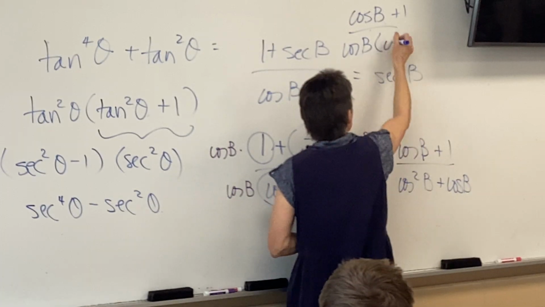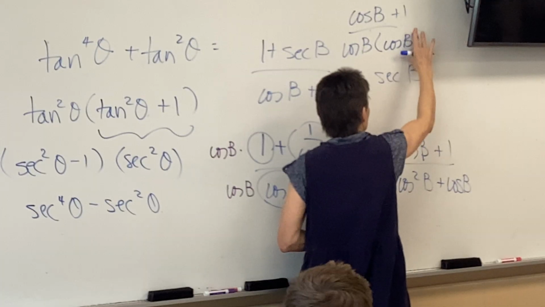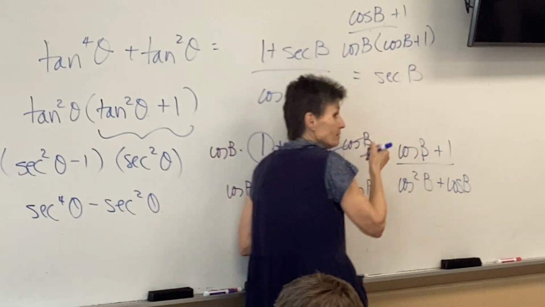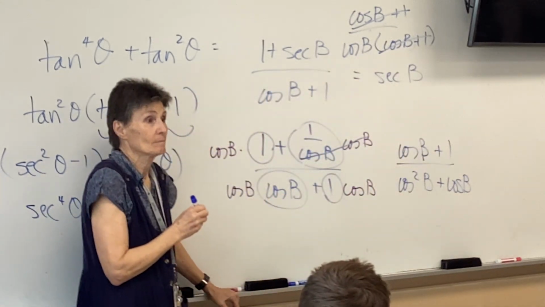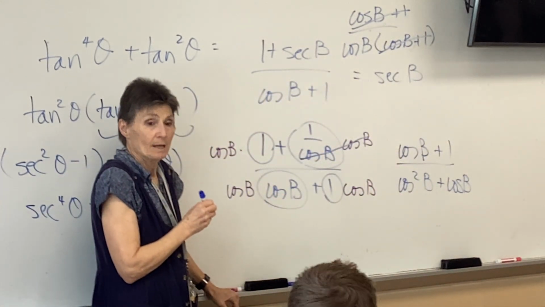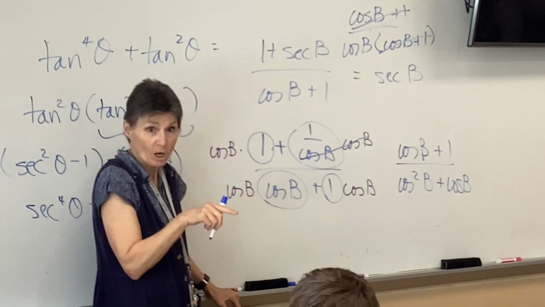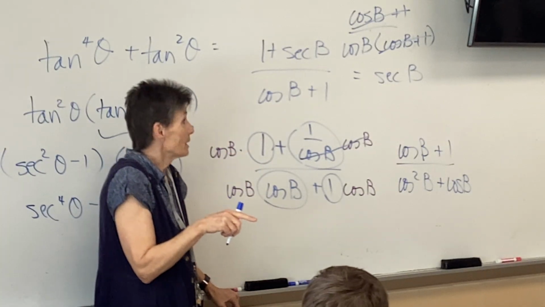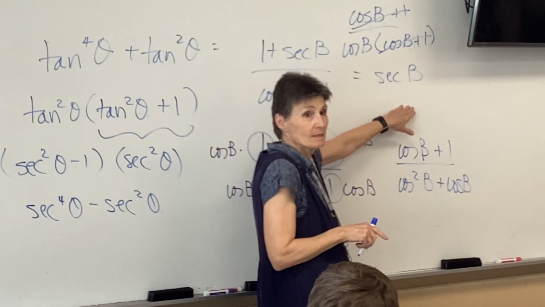Cosine plus 1. And now I can cancel. And what am I left with? 1 over cosine. And 1 over cosine is secant.